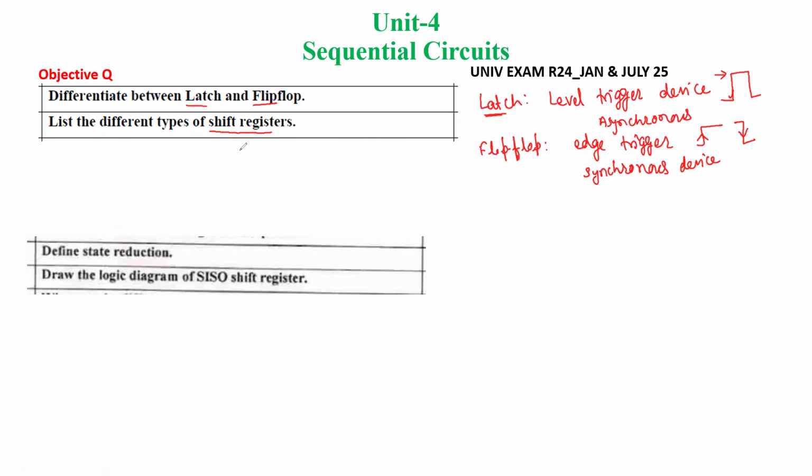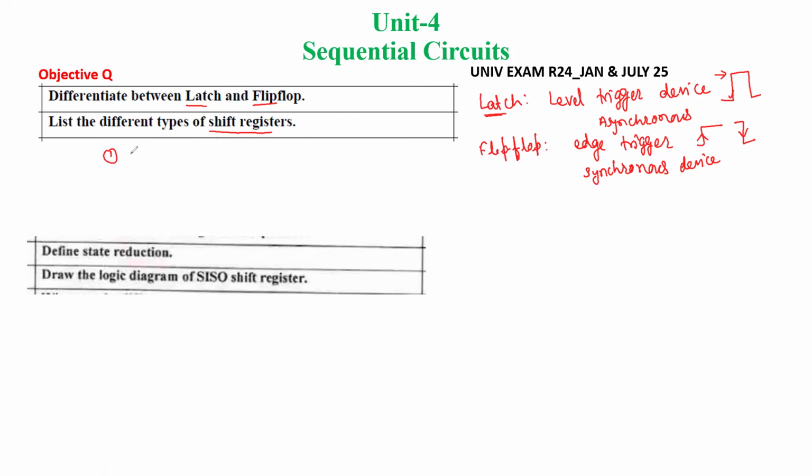Next, we have different types of shift registers. A shift register shifts the data bit by bit. Here we have four types, or if you include the universal shift register, then it becomes five types. But the universal shift register performs the same operations that are performed by these four shift registers.